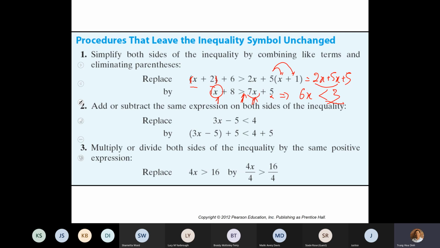So, and then you divide both sides by 6, you get x less than 1/2. Okay, so we just have very basic operations over here. It's not that bad. Our two problems are similar, so I think we can solve it here. Okay, so next time will be more interesting.